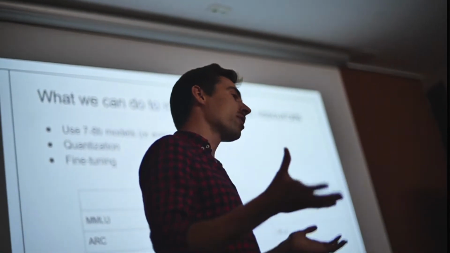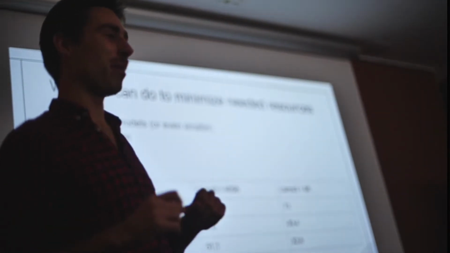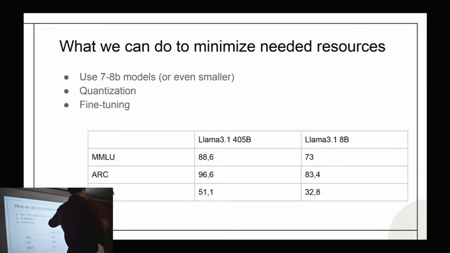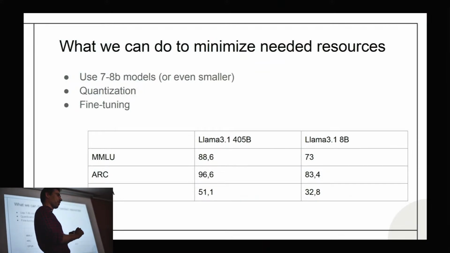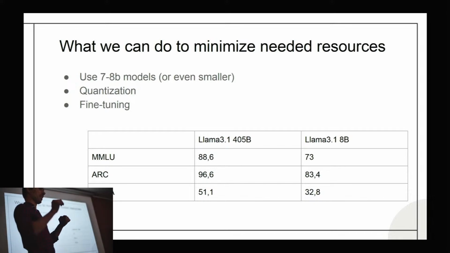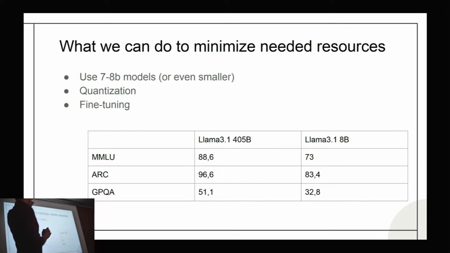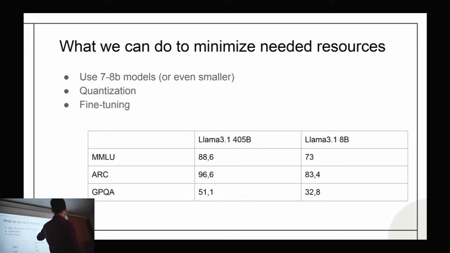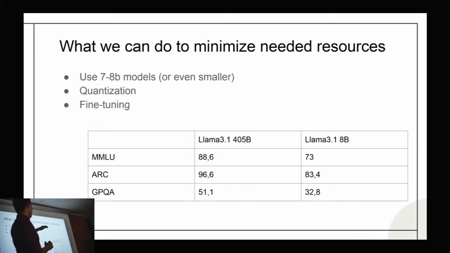They're obviously less intelligent than the top models, but a model that is 50 times smaller is not 50 times less intelligent. You can see, for example, parameters such as MMLU, ARC, and GPQA, which are just metrics of intelligence of our models, and compare them for Llama 3.1 with 405 billion parameters and Llama 3.1 with 8 billion parameters, which is 50 times smaller.